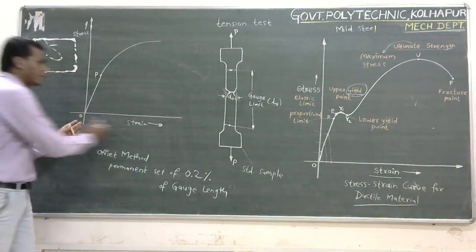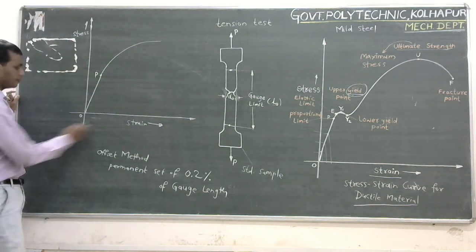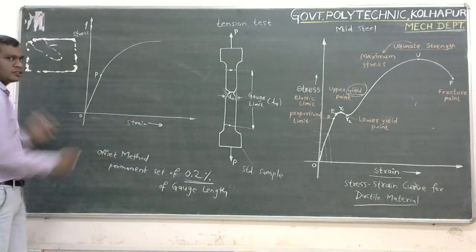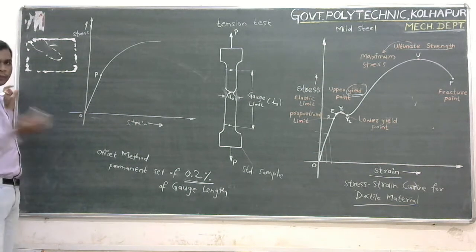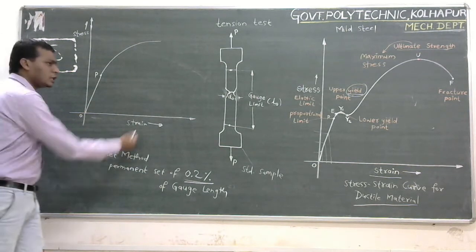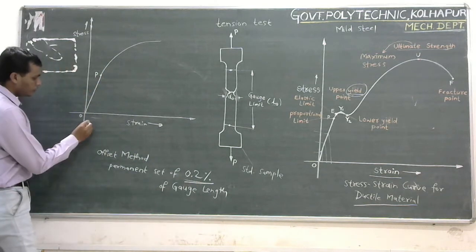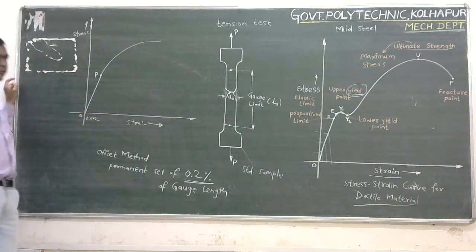So this is the strain side on the x-axis. We mark the point at 0.2% of gauge length. Strain is a unitless quantity. Strain is change in length upon original length. So the numerator and denominator both are length, the units cancel, so strain is a unitless quantity. So 0.2% means 0.002 in the strain.